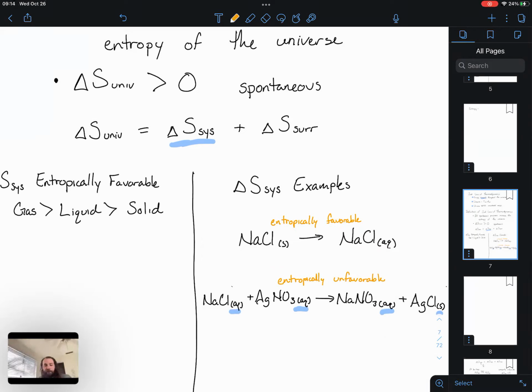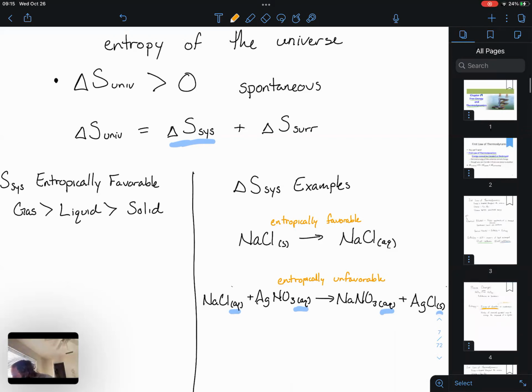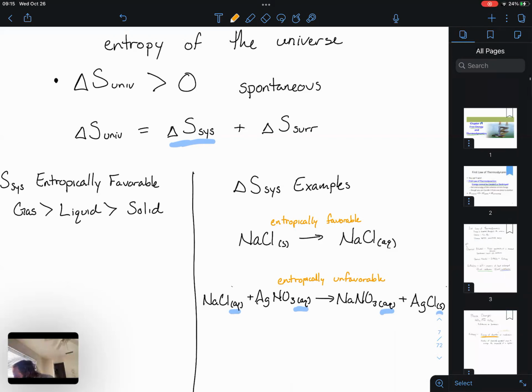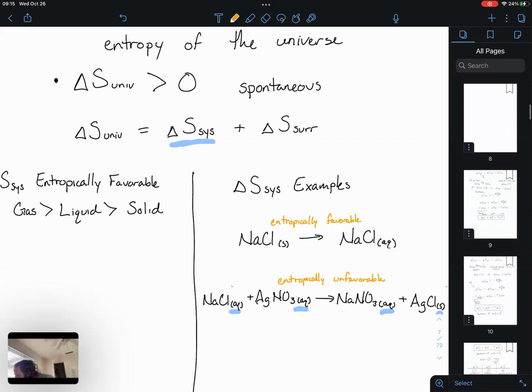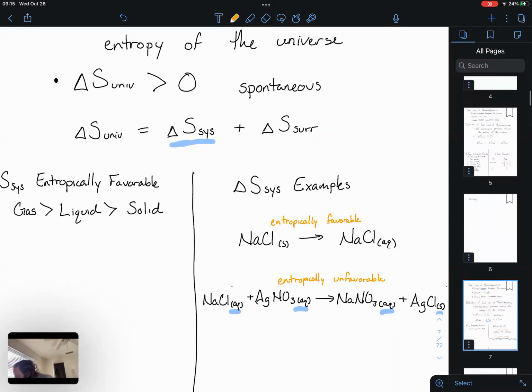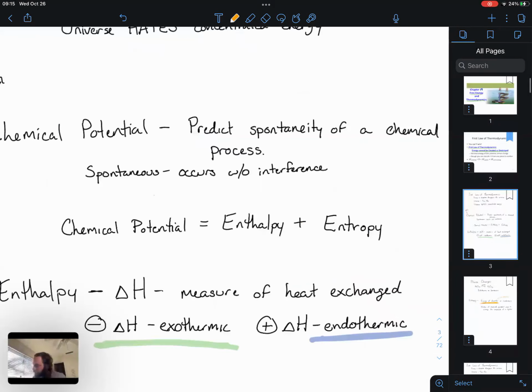If you remember, our whole goal was to create this chemical potential, which contains both an enthalpy and an entropy component. This is going to help us predict whether or not a reaction is spontaneous.